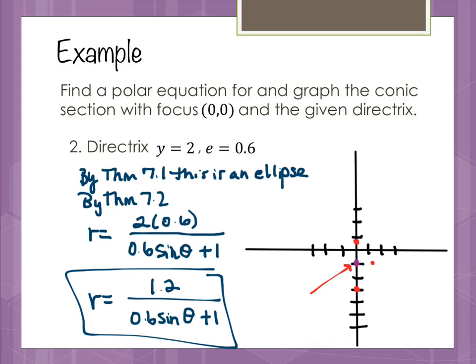So a little bit more than 1, in both directions, then? Yeah, that's what I got. 1.5? Yeah.